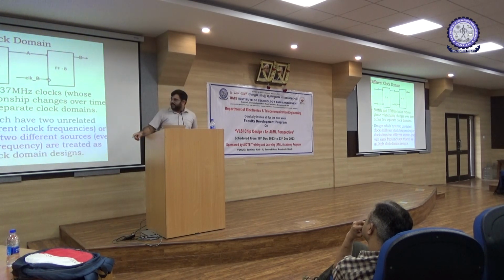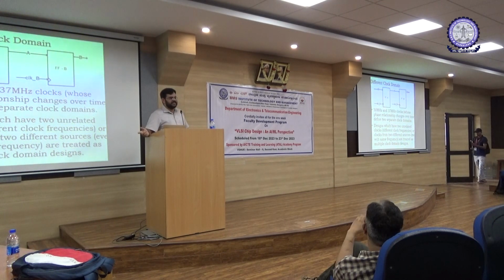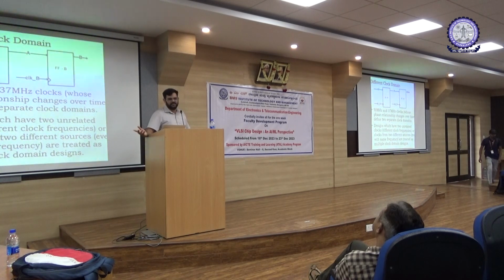Let's say we have some important data coming at data path A. That will be missed, or it might corrupt the whole system, because the data will keep transferring from one flop to the other. It doesn't have so much intelligence to say that the data is not proper and it will not send it. It doesn't do that. It gets something and transfers it at the next positive edge or negative edge, depending on the flop type.